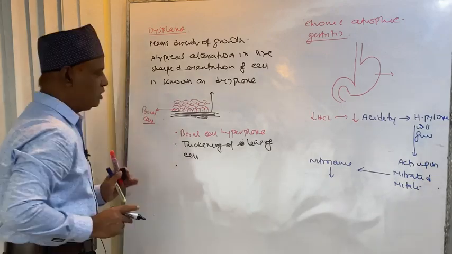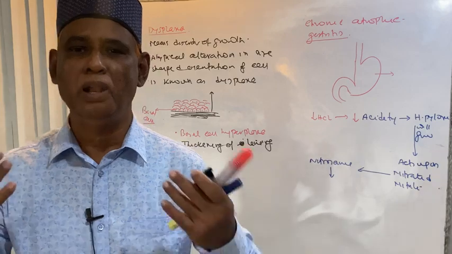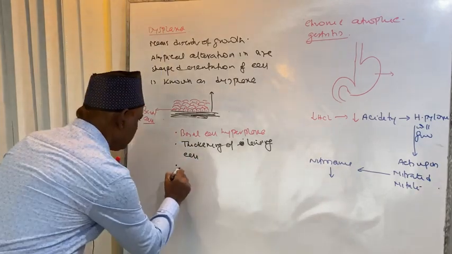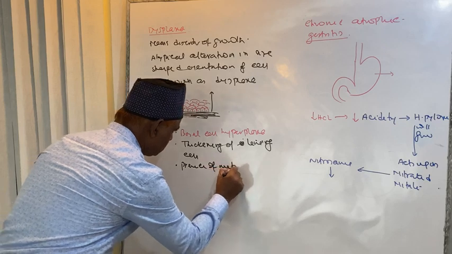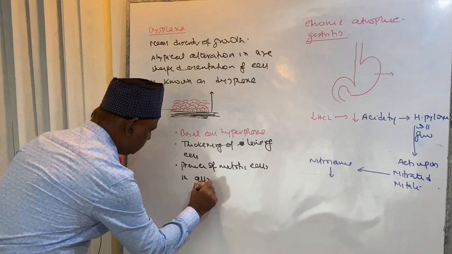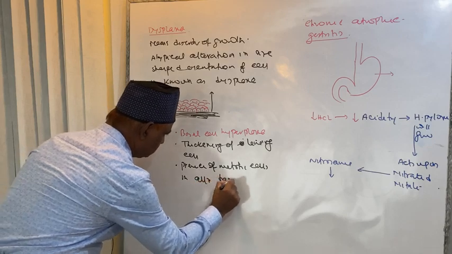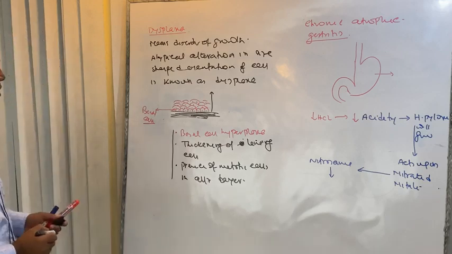Another one is presence of mitotic cells in all layers. So these are the characteristics of dysplasia.